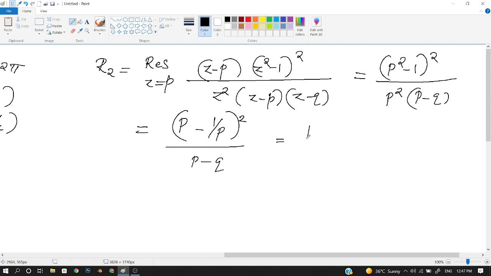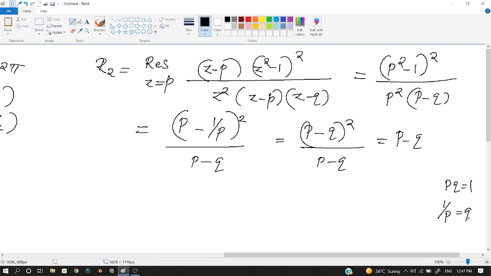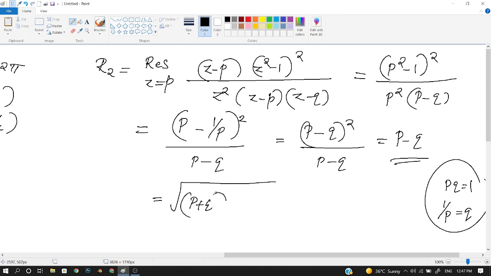So this is equal to p minus q the whole square divided by p minus q. So that is p minus q. Here we have p into q equal to 1, so 1 by p is q. Now we can represent this p minus q as square root of p plus q the whole square minus 4 into pq.